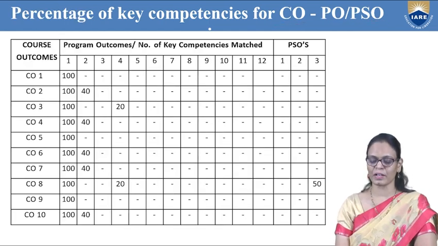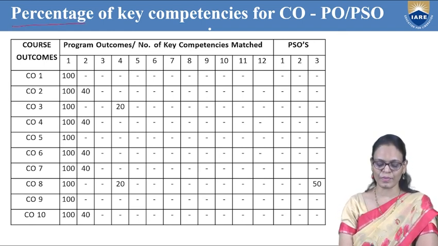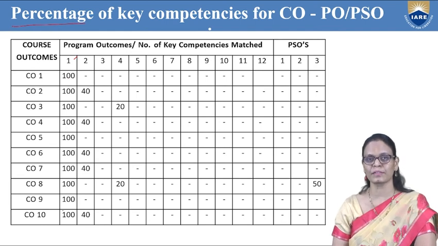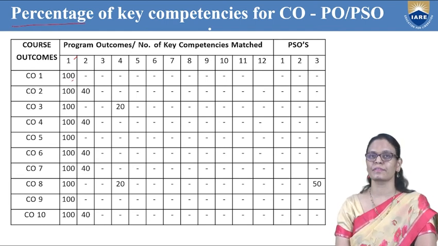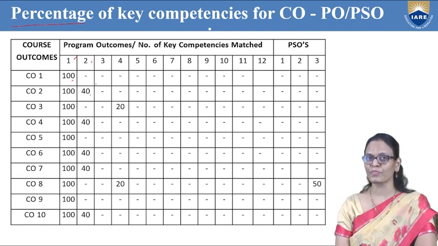And here we are writing it in terms of percentage. See here, for CO1, CO2 and all, for the first PO we are writing 100 because there are 3 key competencies and all 3 competencies are met. So we are writing 100%. Now when it comes to the second one, we have written 4. Out of 10, 4 key competencies are being met.